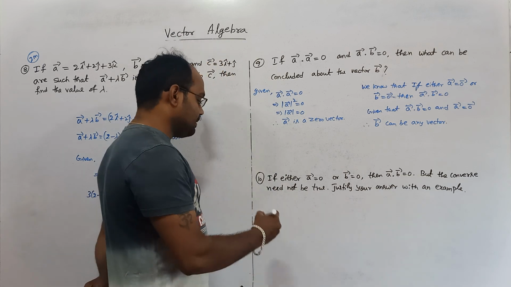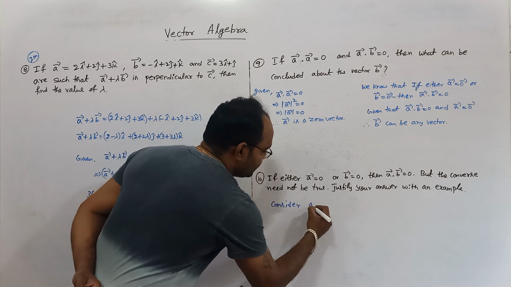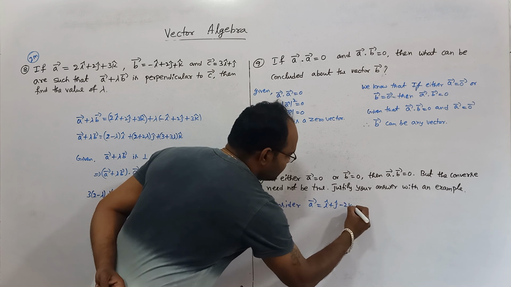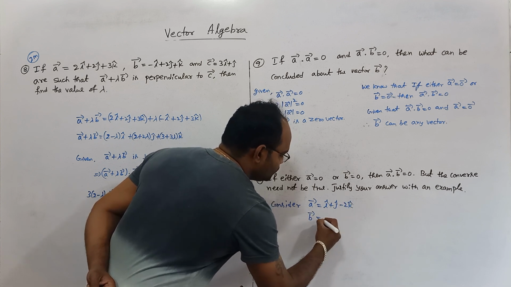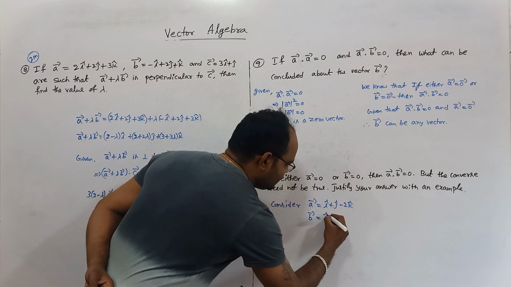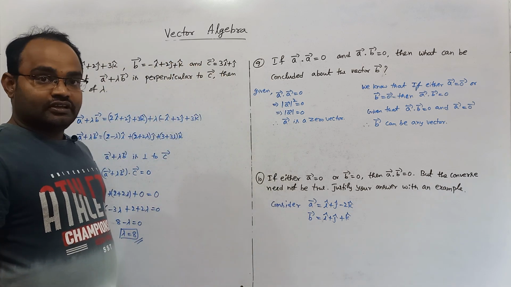Let us take an example. Let us consider these two vectors. Consider vector A as i hat plus j hat minus 2k hat, and vector B equal to i hat plus j hat plus k hat.